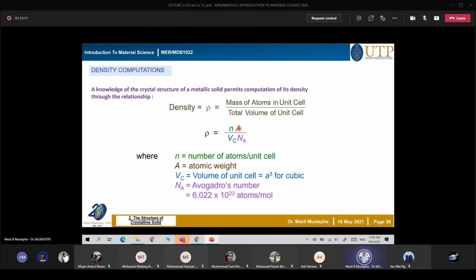Times A, the atomic weight. Atomic weight you can get from your periodic table, or it is sometimes given in the question. And then divide by VC, the volume of the unit cell, which is A cubed for the cubic, and NA is the Avogadro number.